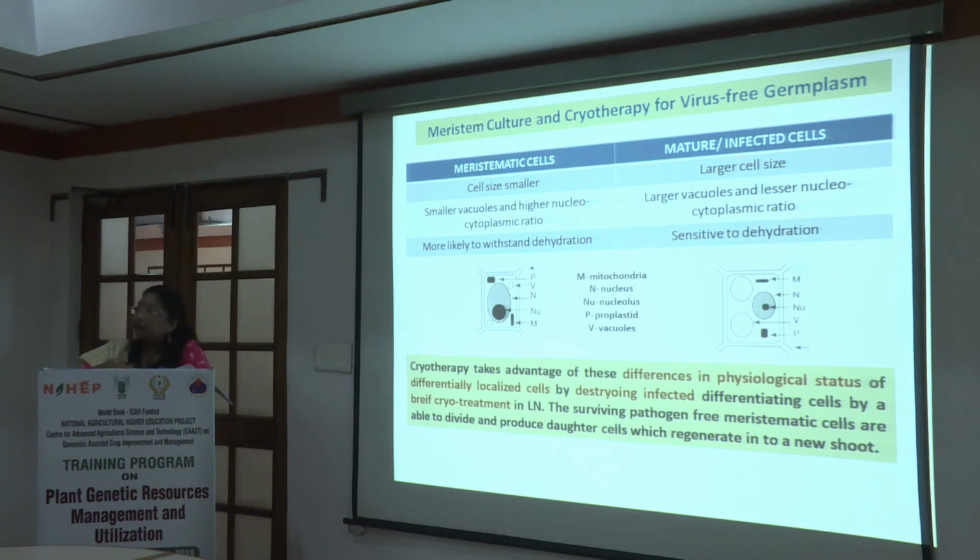Now meristem culture was traditionally used for virus eradication, but the only problem with meristem culture is the meristem itself is very small and very difficult to isolate, and then even more difficult to regrow into a whole plant, because normally the tissue gets injured while we are doing meristem isolation, and I think you will do meristem isolation in the afternoon.